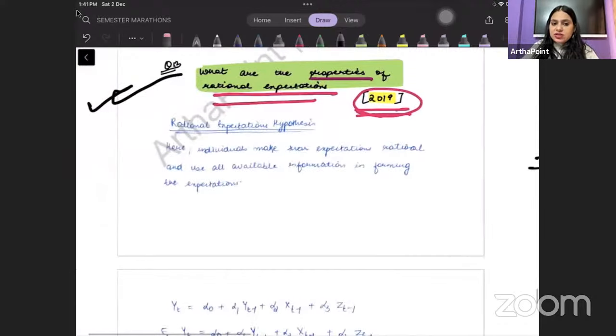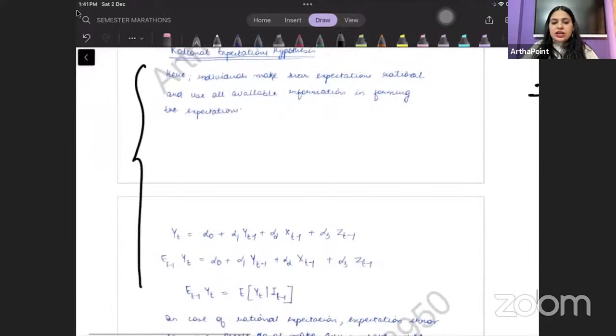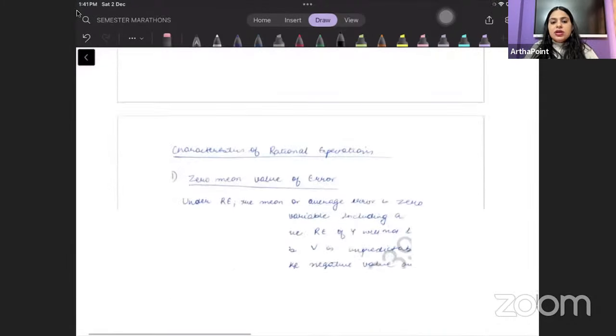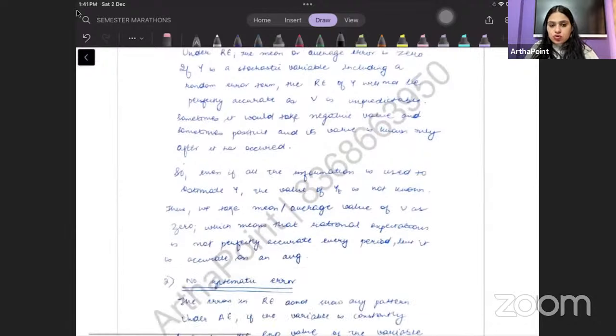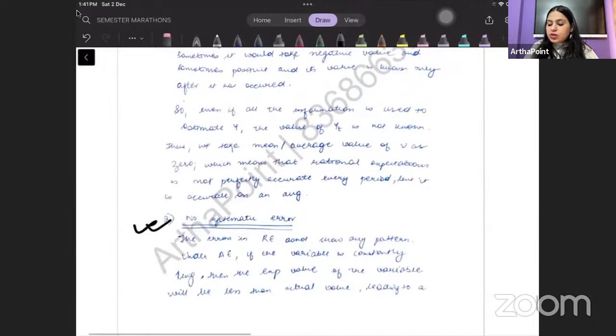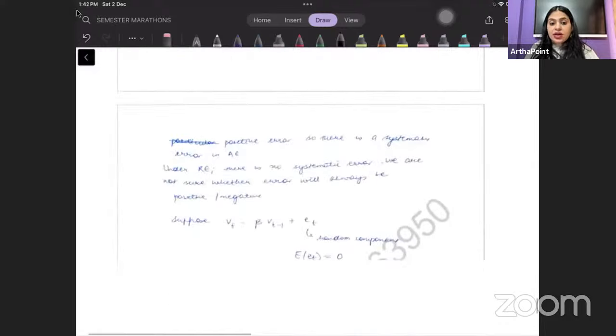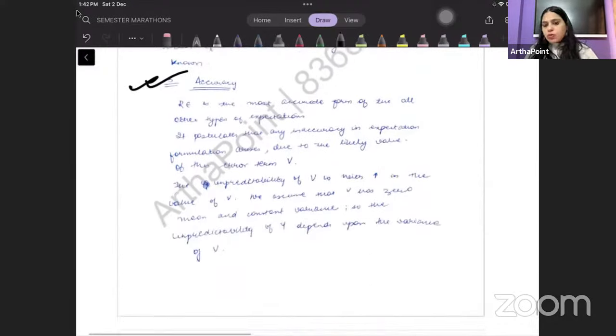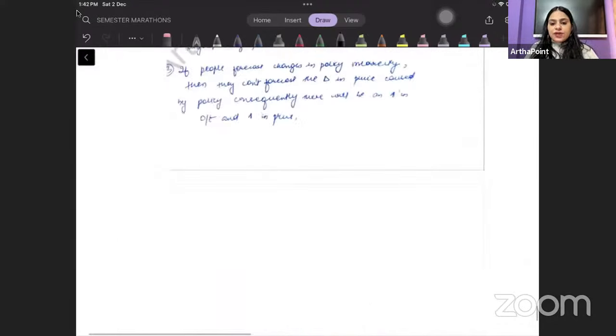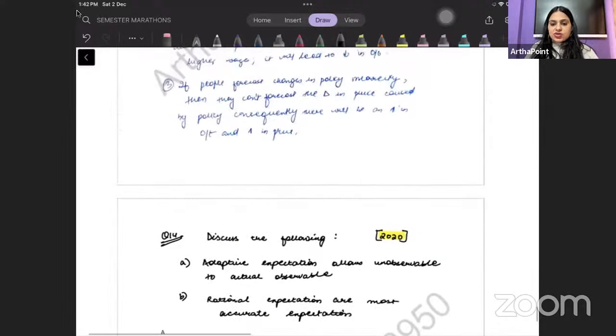So what I have done is I have explained what is rational expectation, and then I have talked about the properties, that the error term is supposed to be 0, that there should be no systematic error, and that there should be full accuracy. इन 3 points के बारे में मैंने समझा दिया. So they are the properties. Okay, beta. Fine. Now come to the next question.